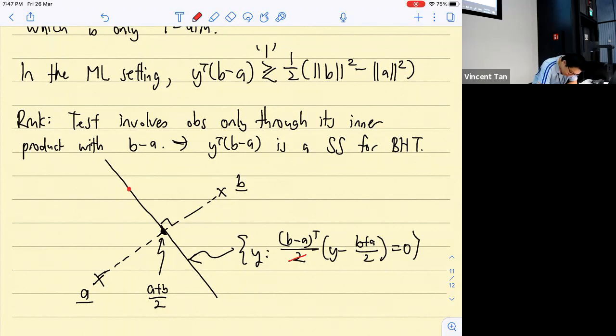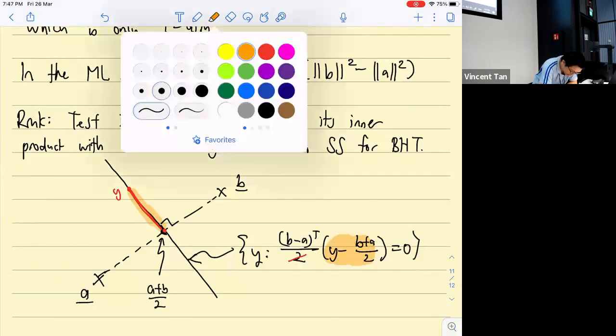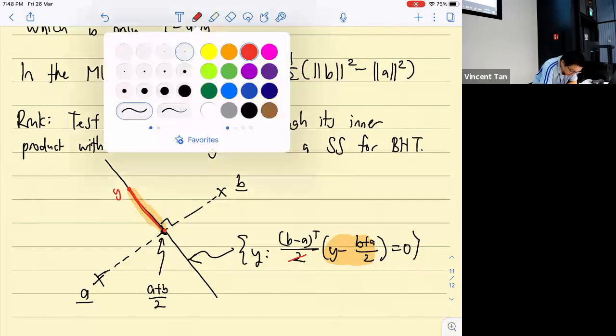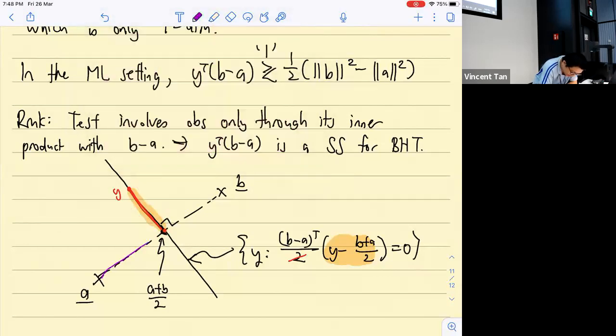Why? This point is (A plus B) over 2. Suppose this is our y. Then this vector here that I've just highlighted is perpendicular to B minus A. That explains this set here. Understand? Not too difficult, right?